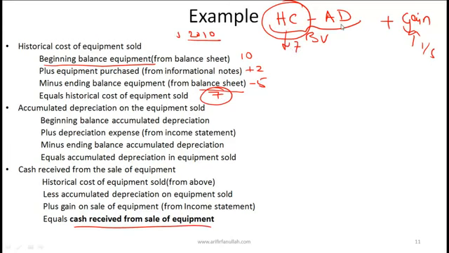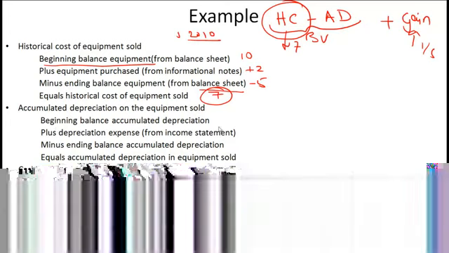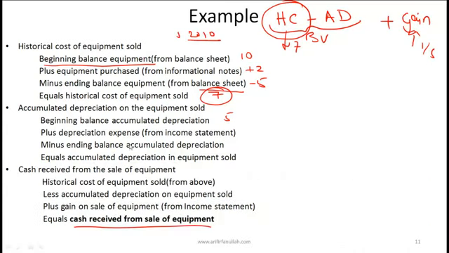Now we need to calculate the accumulated depreciation. So to do this, we look at the beginning balance of the accumulated depreciation. Let's say that this is 5 plus any depreciation expense. Let's say that the depreciation expense is 1 in our case, minus the ending balance of the accumulated depreciation.